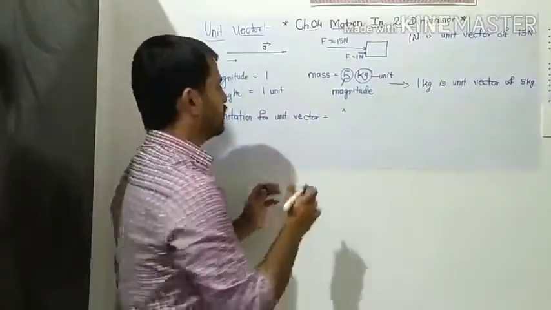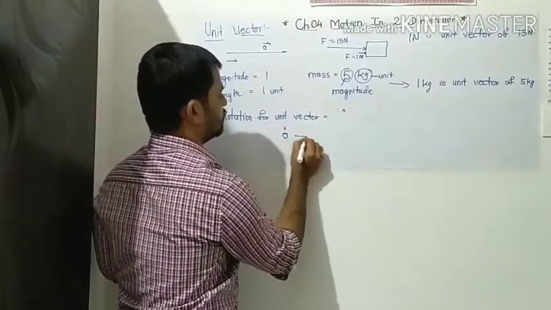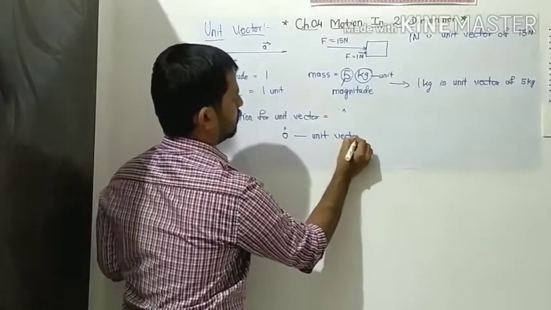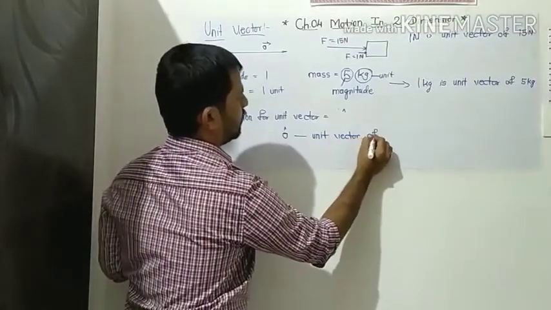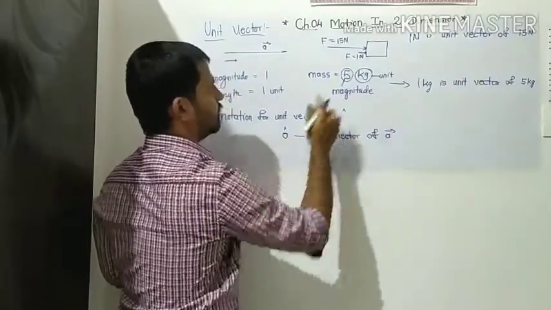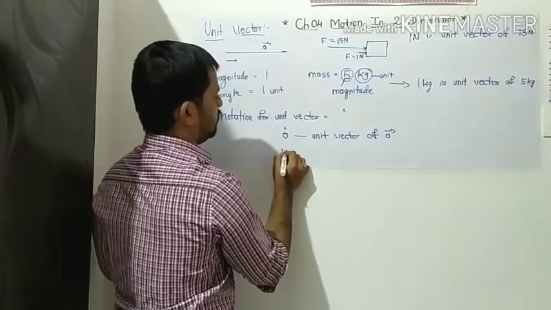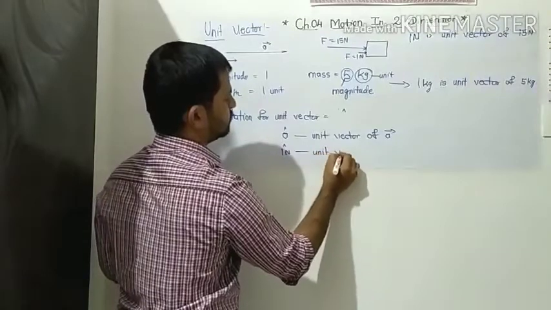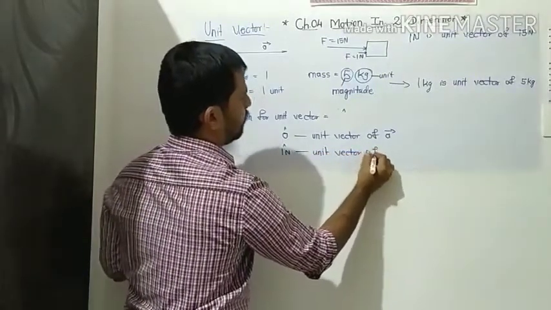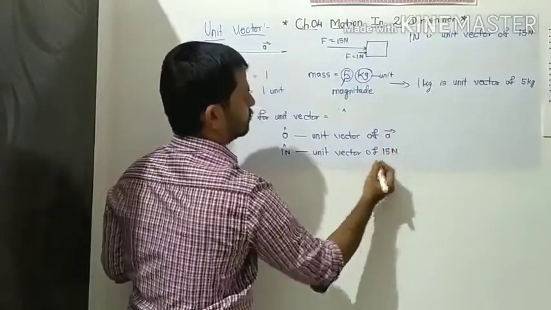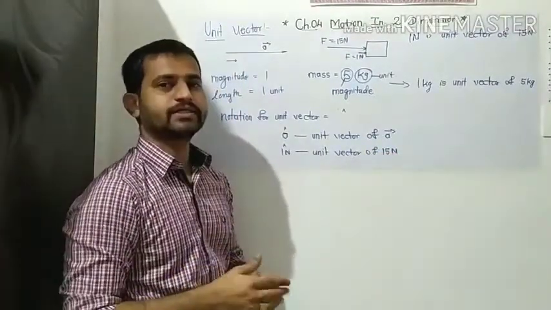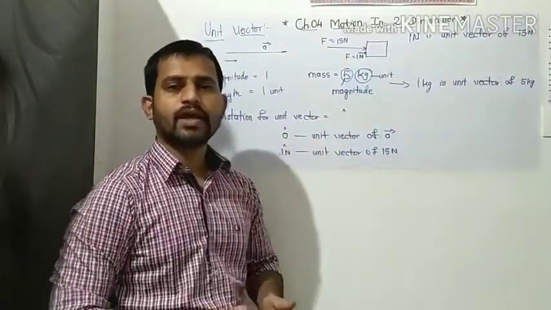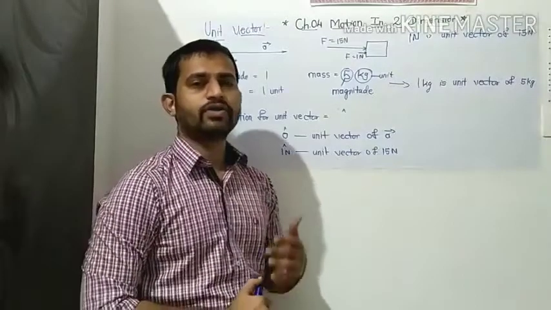We have to give this cap. So A cap is the unit vector of A. We have vector A. Here, if we consider 1 Newton, we have to give a cap. It is the unit vector of 15 Newton. So like this, we have to represent the unit vector. This A cap will represent the unit vector of A. And as we know, when we have to give the unit, what we have to do?